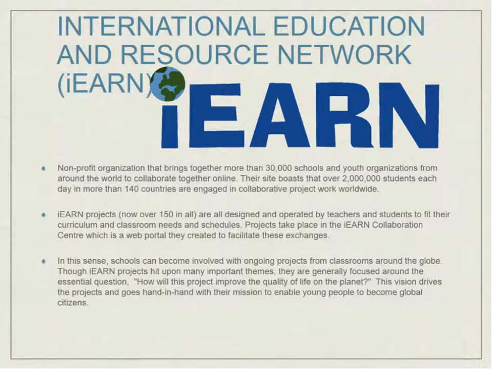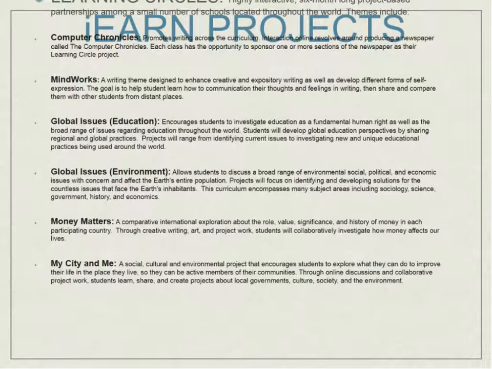I'll go into a few of them in a second, but they also have their own web portal, which is called the IEARN Collaboration Center, where a majority of the interaction takes place. And their mantra is, how will this project improve the quality of life on the planet? So it's really a hands-on mission there to address those key issues.